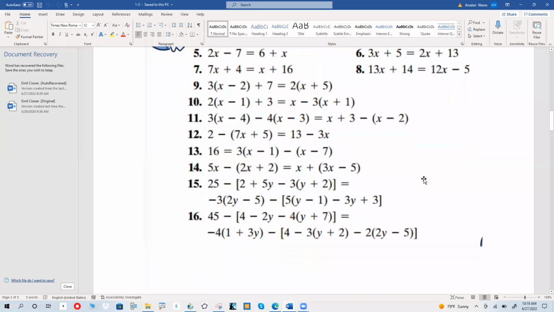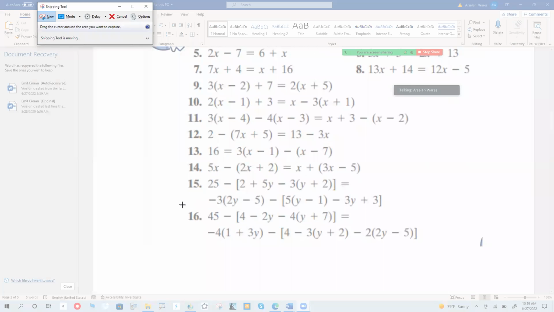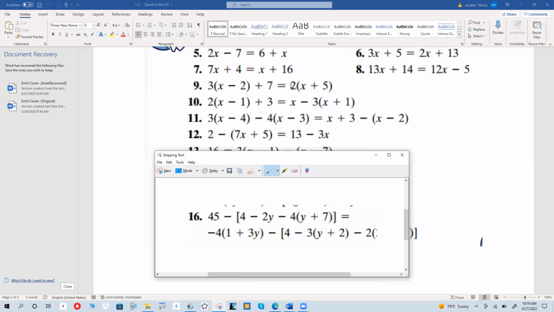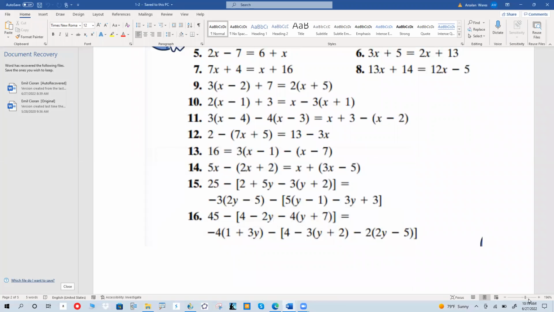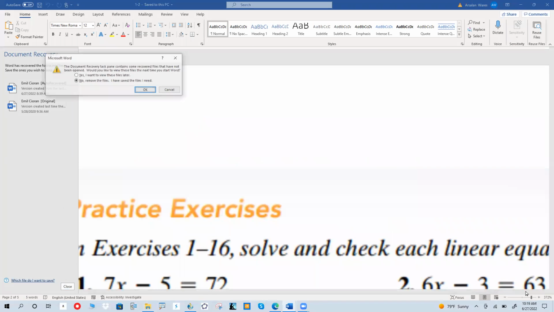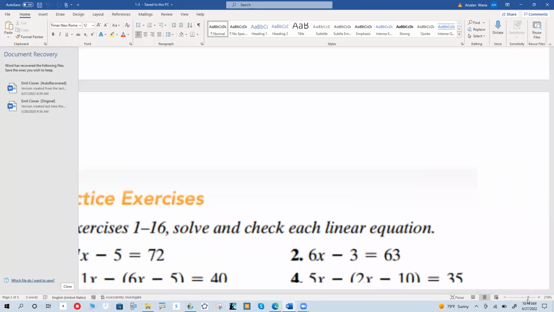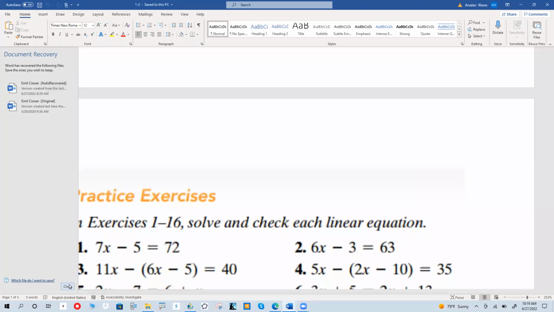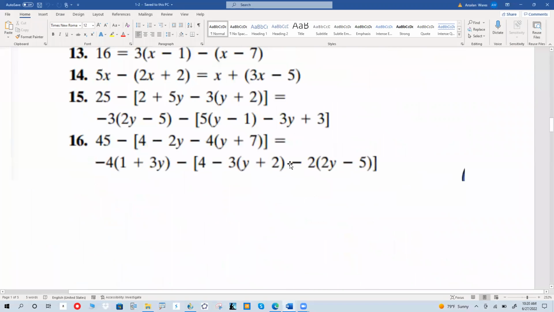Hard enough. Everything you've learned in the previous chapter will come in handy. I'll do it on Mathigon Polypad. You will be able to see my work. Number 16.